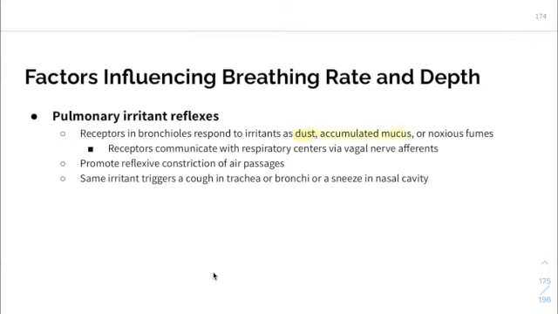If you've got mucus in your respiratory system or noxious fumes, our vagal nerve, or vagus nerve, is going to communicate with those respiratory centers to try to get that dust out of the system, try to cough to get that mucus out, or try to get those noxious fumes out of your nose.